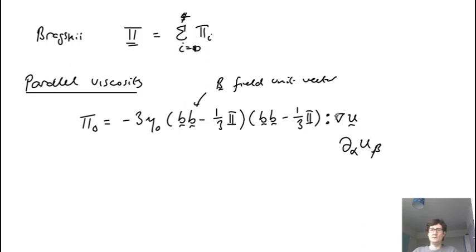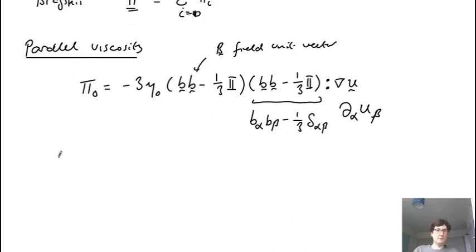So this is a rank 2 tensor here, and this is a double contraction. So this part here we can write as b alpha b beta minus 1/3 times the Kronecker delta alpha beta. And this double dot here just means a contraction over both the alpha and beta indices between this tensor here and that tensor.